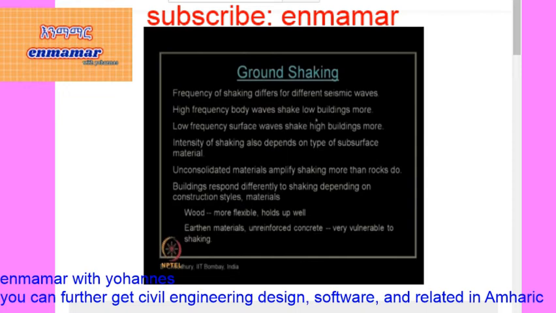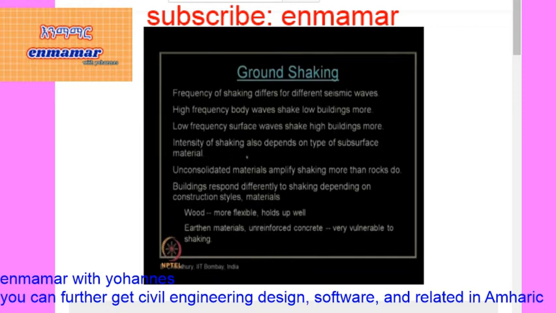It is not a correct theory, or not a correct belief, I will say, as I have shown here the correct observation, that it depends on the input frequency of the earthquake. If it is a high frequency, then low rise buildings get more damaged. If it is a low frequency, then tall buildings or high rise buildings get more damaged.